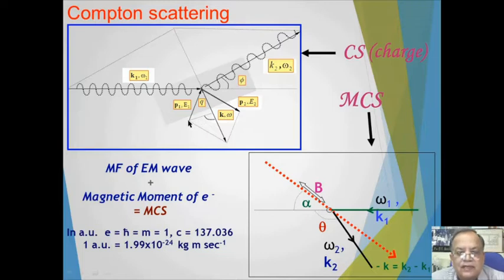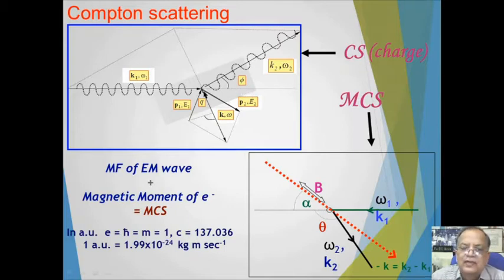Here remember, the electron is not at rest, but has some initial momentum p1 and energy e1. So the electron comes like this, the photon comes like this, then the electron is recoiled like this and the photon goes like this. This is the simple Compton scattering, the so-called Charles Compton scattering.